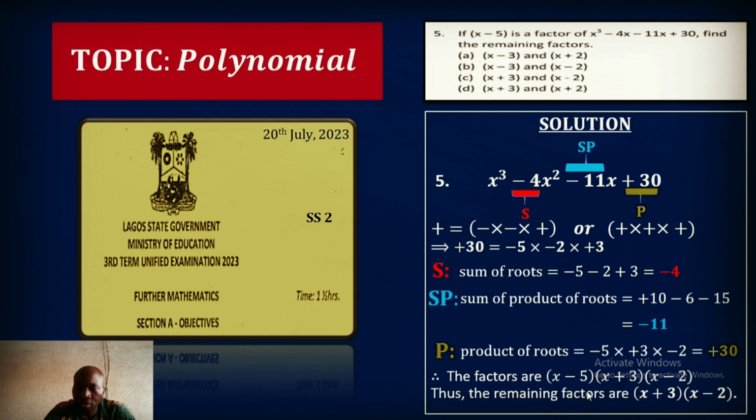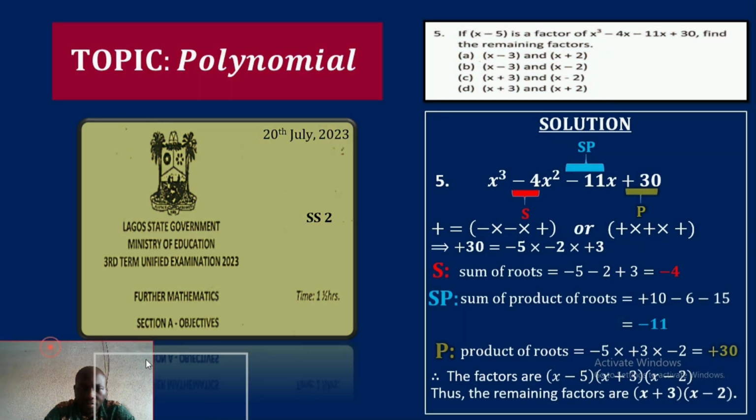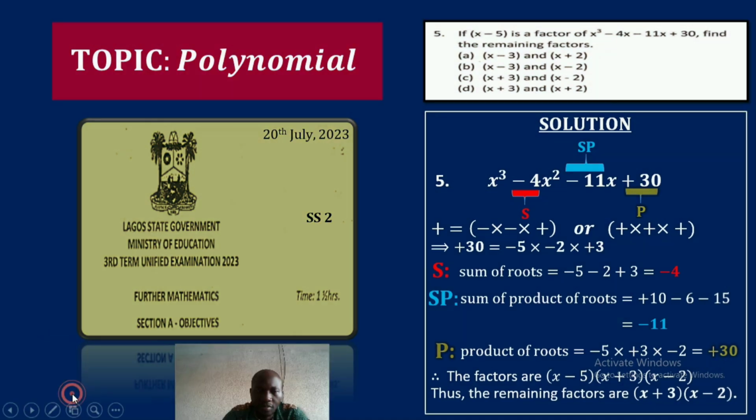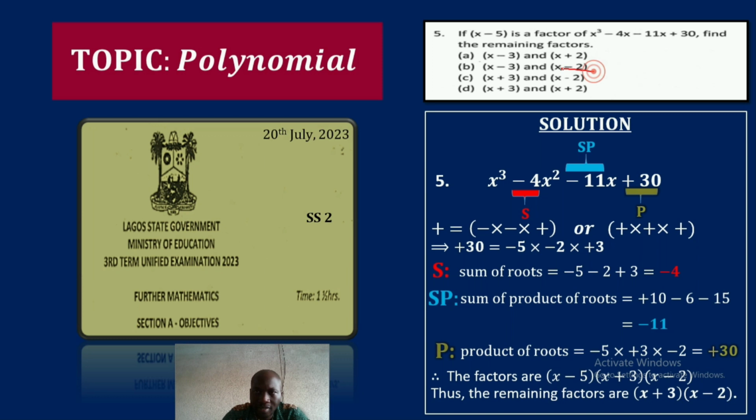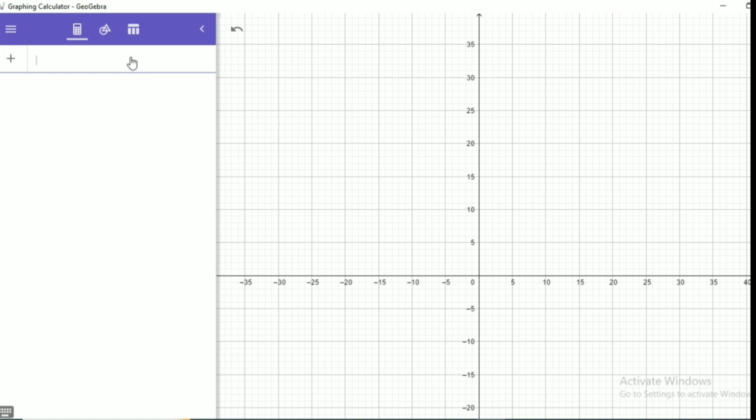And the remaining factors would be x plus 3, x minus 2. I think that option is option C here. So the answer to that question is C.